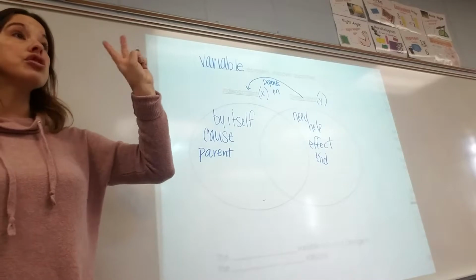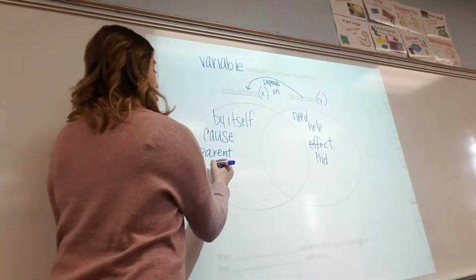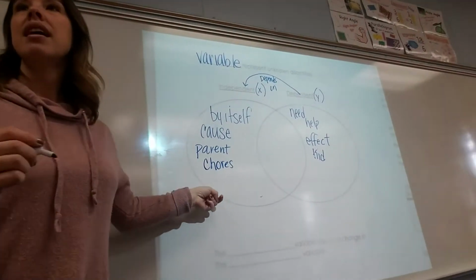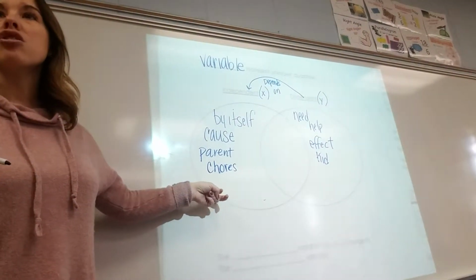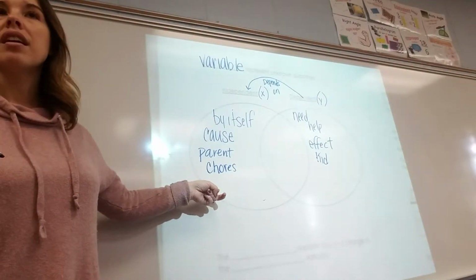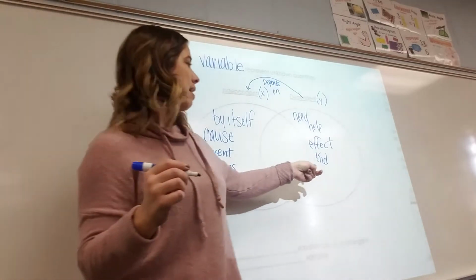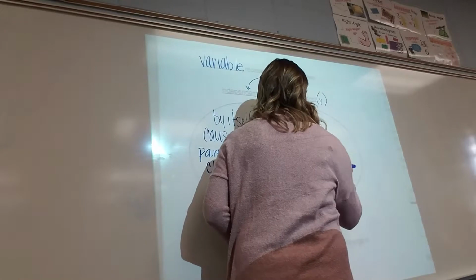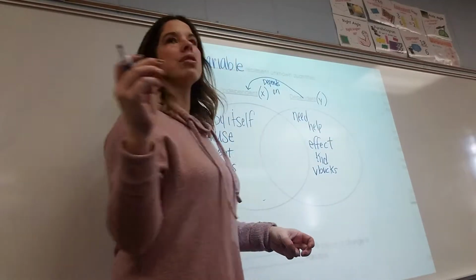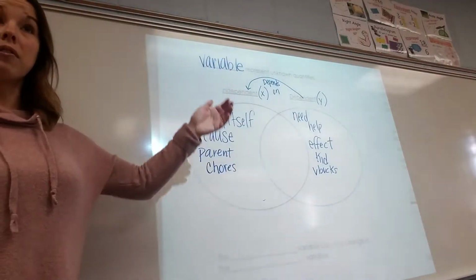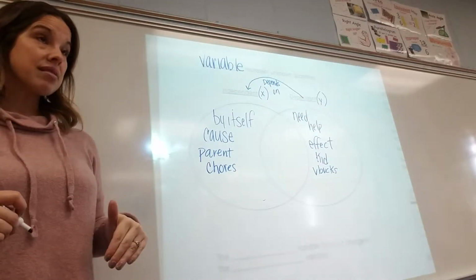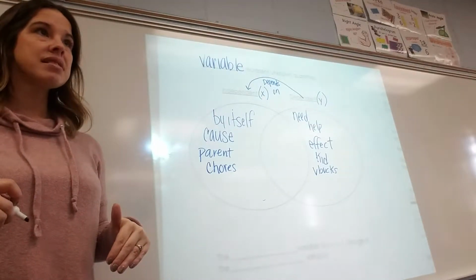How many chores you do is your independent, because the result would be how many V-Bucks you get. So, if you do more chores, what happens? More V-Bucks. If you do less chores, less V-Bucks. Does that make sense?